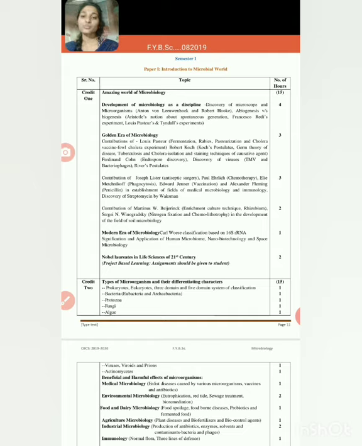When these blooms grow heavily, they deplete the oxygen content of the water, and due to this, other water body animals like fishes are unable to survive, and this whole process is known as eutrophication, or it is also called hypertrophication. It can be defined as when a water body becomes overly enriched with minerals and nutrients which induce excessive growth of algae, it is known as eutrophication.